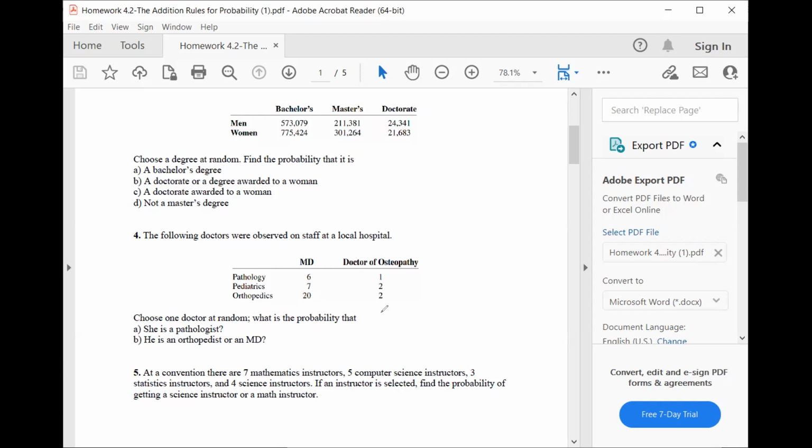The sum of the MD is 33, right? And then how about the osteo people? It's 5, right?